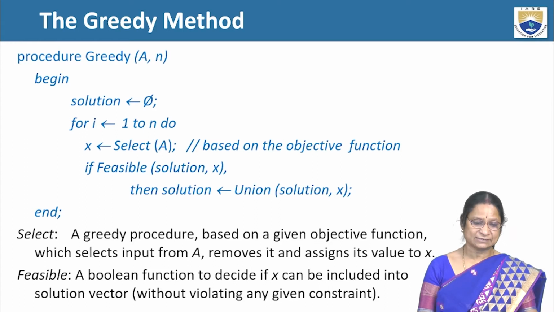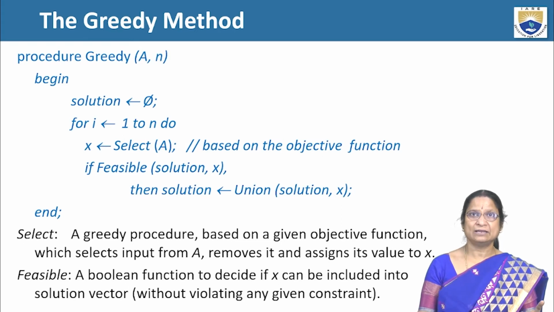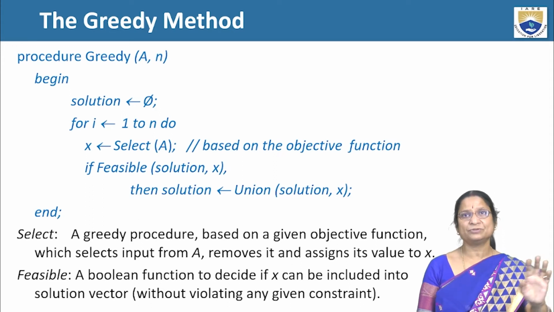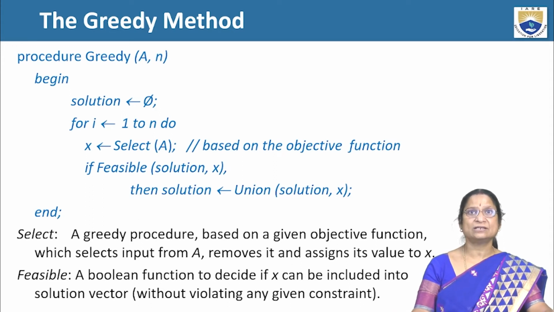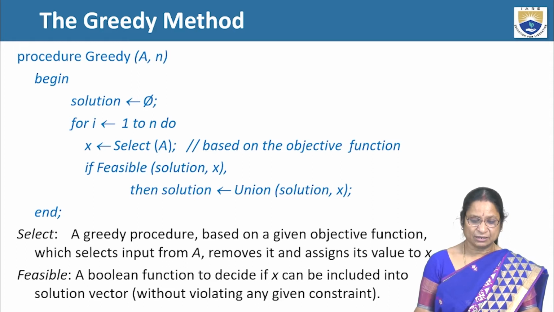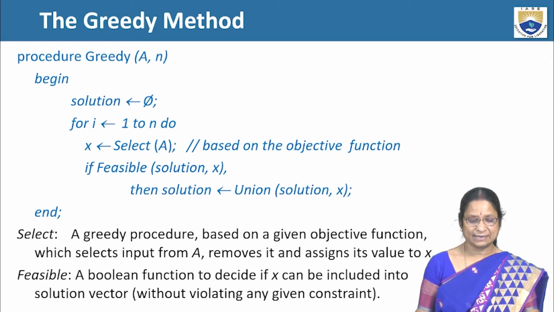Let us assume that this is a generalized approach. A is an array of n elements. First the solution is null, no solution is there. For i from 1 to n, we have to select one of the a's such that x becomes the optimal value. Based upon the objective function, one of the a's will be selected.